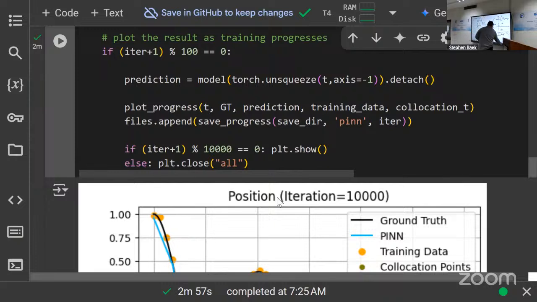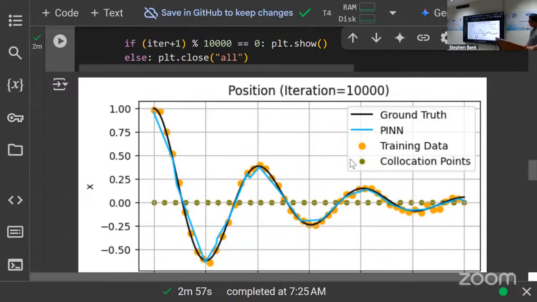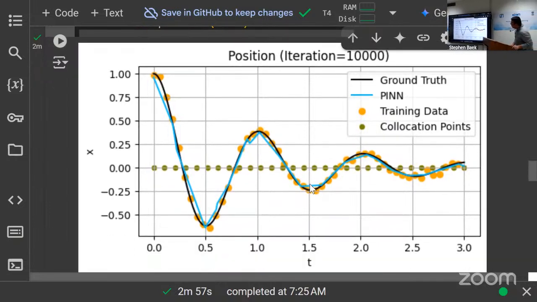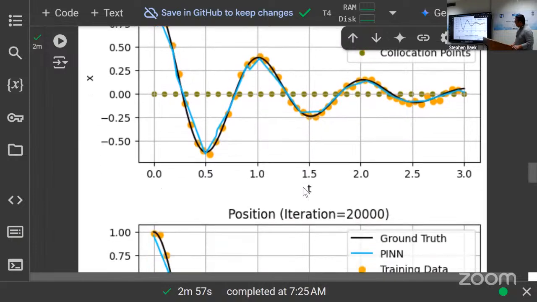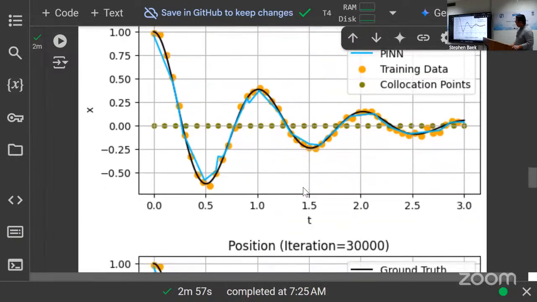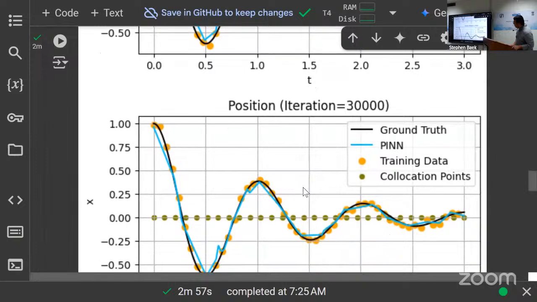So let's go back to the training over here. I just changed the activation to ReLU. And like I mentioned, you see this kind of line breaking. Yeah, it becomes a polyline. And yeah, still okay, right?